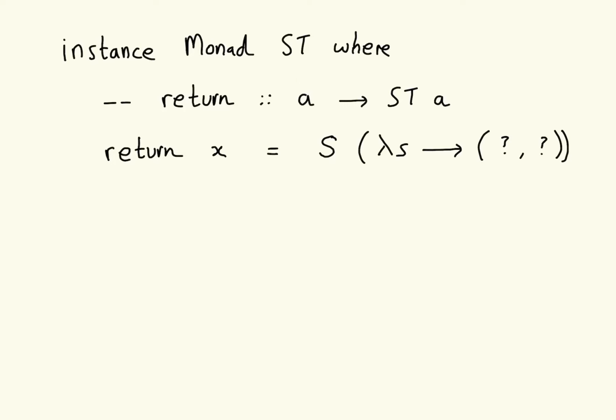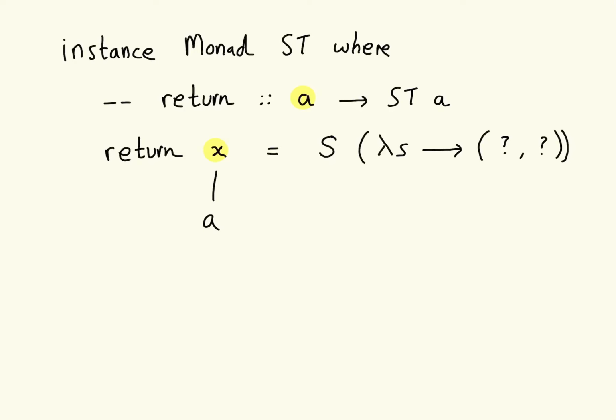Okay, so here, just by thinking about the types, I've written down a basic skeleton for how return is actually going to look. So now let's think about the types in a bit more detail. If I look at the parameter x here, that's coming in, that's the A, so that has type A.